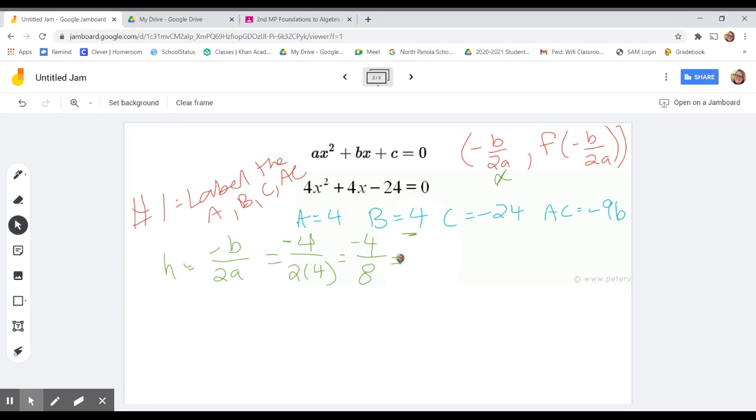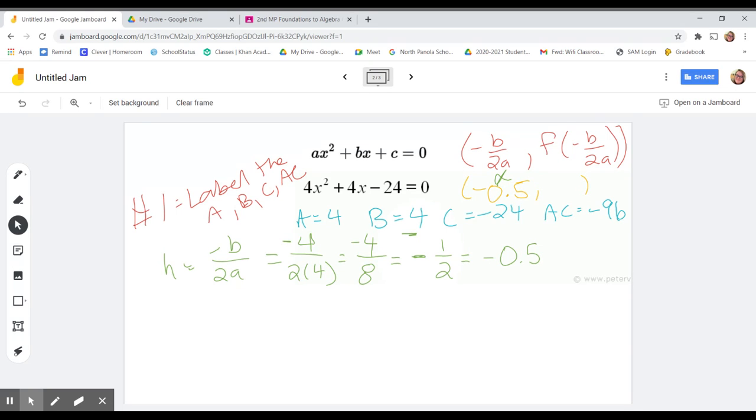So negative 4 divided by 8, if I simplify that, it's going to be negative 1/2 or negative 0.5. Okay? So I have my first answer. My answers will be in yellow. So I have negative 0.5 is my x.